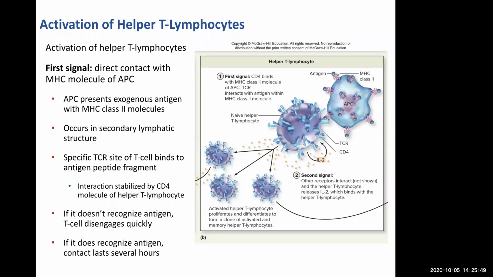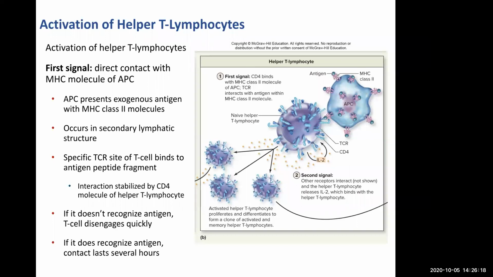We have a scenario in which a B cell comes into contact, using its B cell receptor, with viral antigen. The viral antigen binds to the B cell receptor. The B cell engulfs the receptor bound to the antigen, then processes and presents that antigen in the context of MHC class 2 on the surface.